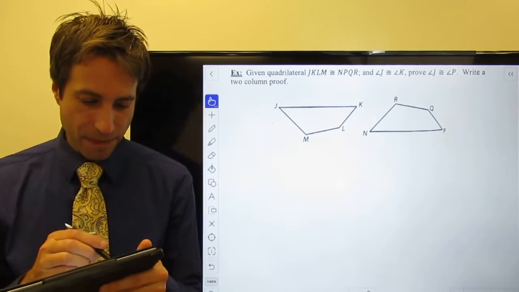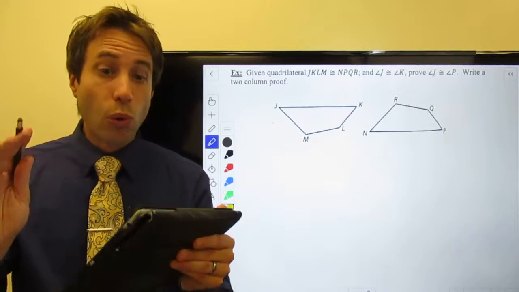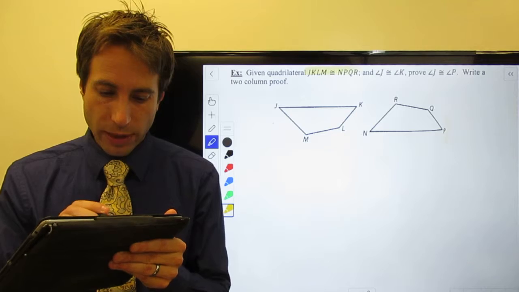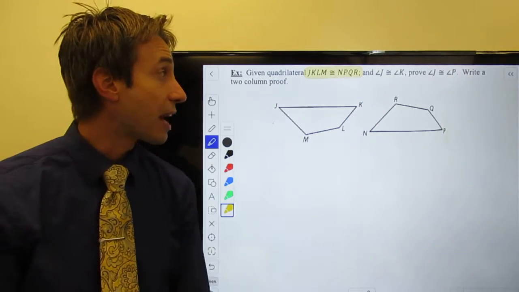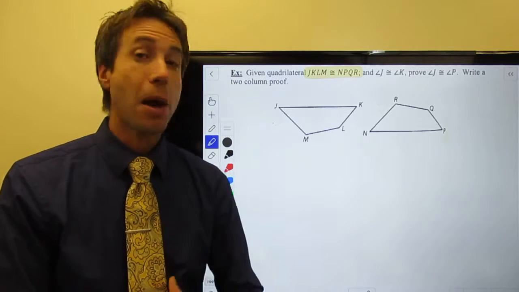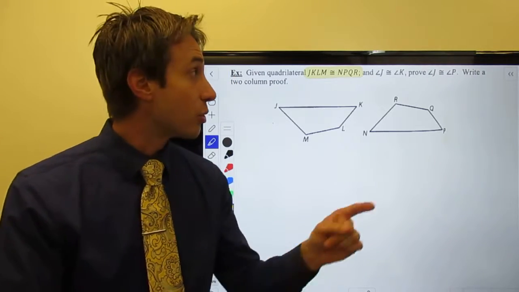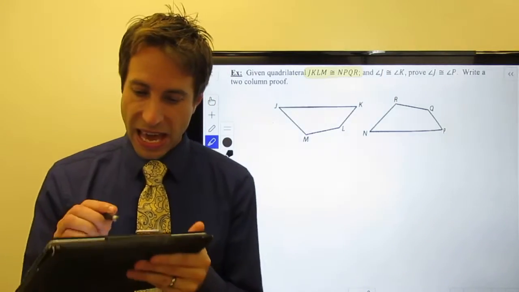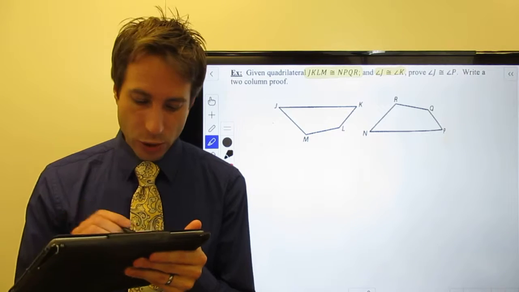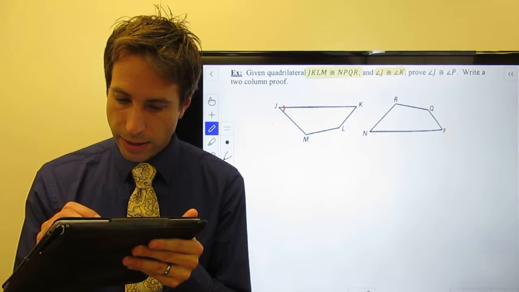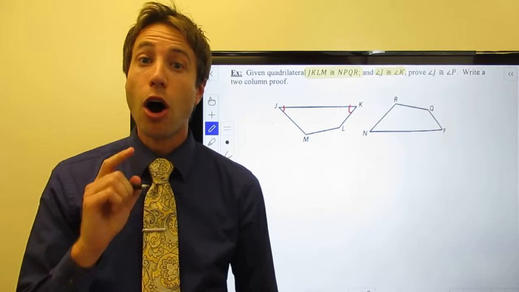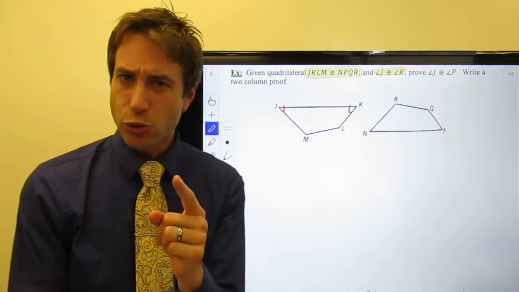Let's do this again. Once again, we're starting with congruence. I tell you that these two quadrilaterals are congruent, but I give you more than that. Please notice that I also tell you angle J and angle K are congruent. That's interesting, right?